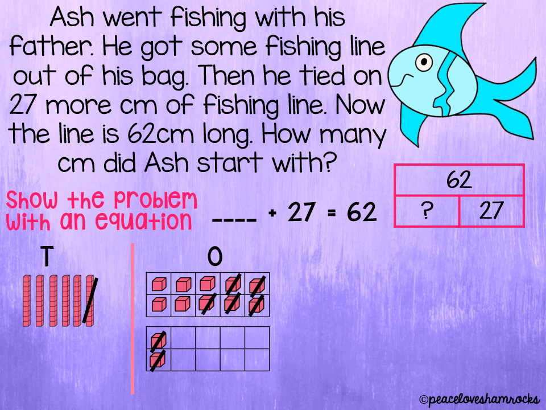Then I'm going to take away my 2 10s, and that leaves me with 10, 20, 30, 32, 34, 35. So that means that Ash started out with how much? With 35 centimeters. And I can check it because 35 plus 27 equals 62.